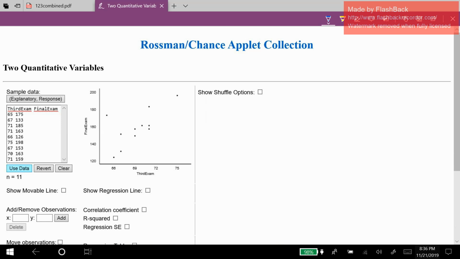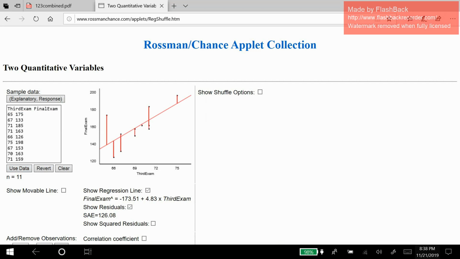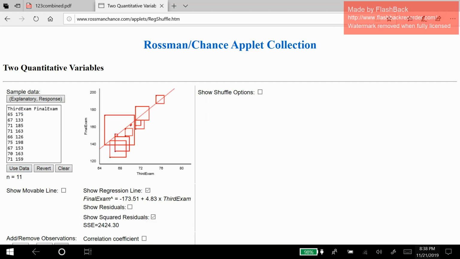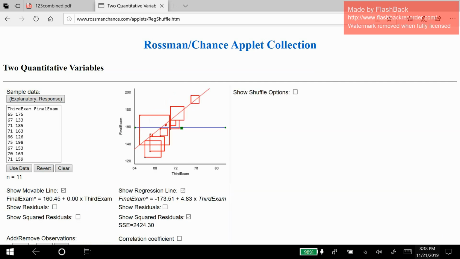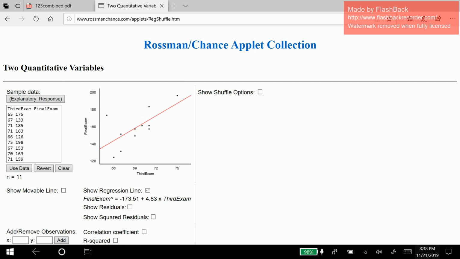If we want to actually see the regression line, I'll click Show Regression Line, and you can, if you're interested, check out what the residuals look like. You can also show your squared residuals, and you can play around with your own movable line by clicking Movable Line. But at this point, if you feel comfortable with how we've created that line and what it means, then really you just want to work with the line.